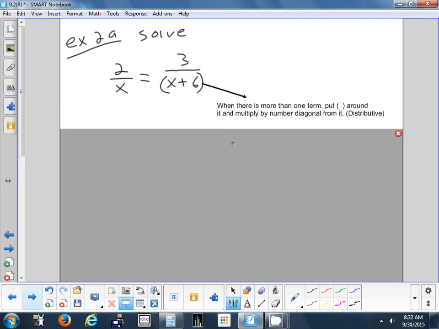The reason we put parentheses is because when we multiply on the diagonal, it's going to end up being a distributive property. You don't just multiply the 2 times the x, you also multiply the 2 times the 6. So we're putting those parentheses to hopefully remind you of that. That's the only extra step for this problem. That's it.